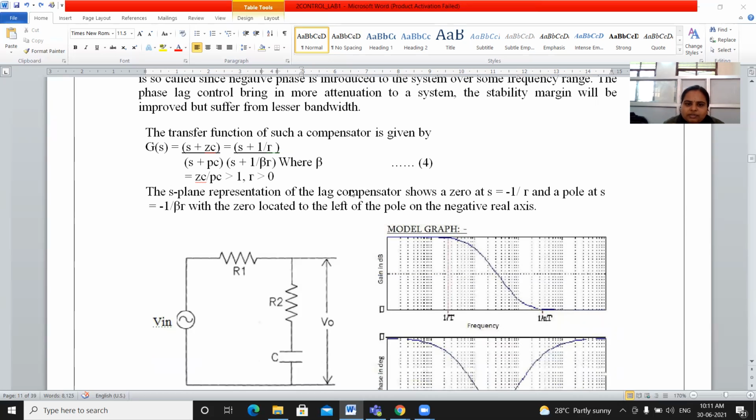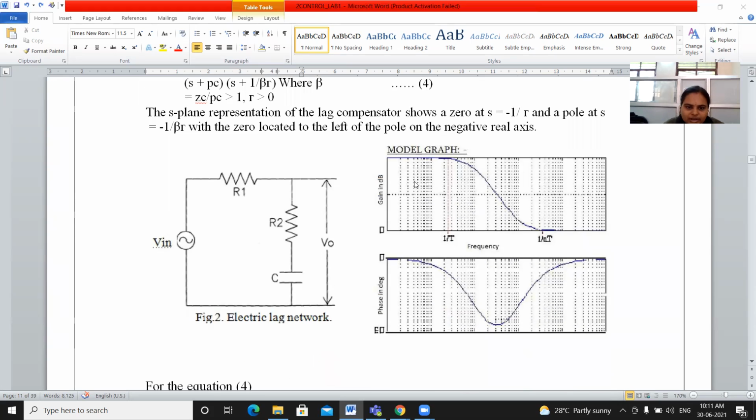The s-plane of the lag compensator shows a zero at s = -1/gamma and a pole at s = -1/(beta gamma), with the zero located to the left of the pole on the negative real axis. This is the graph you will get.